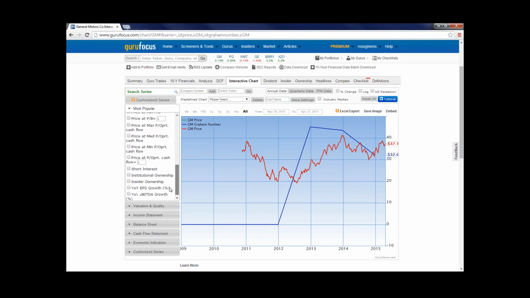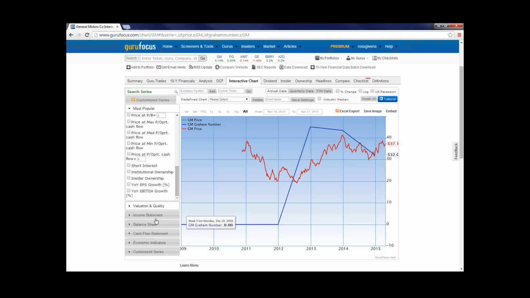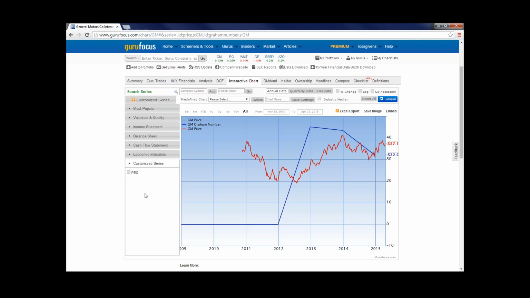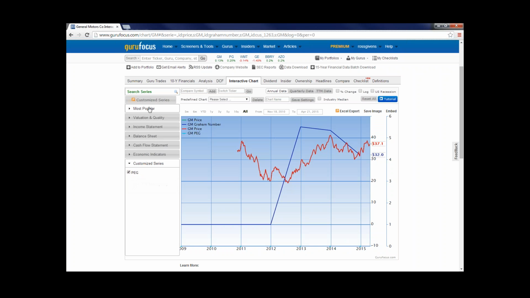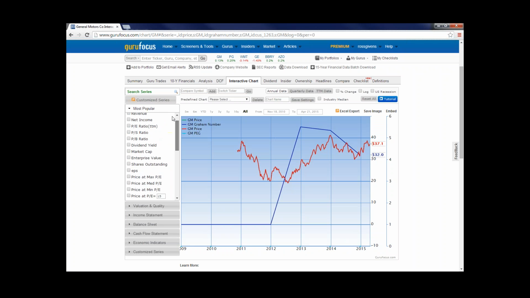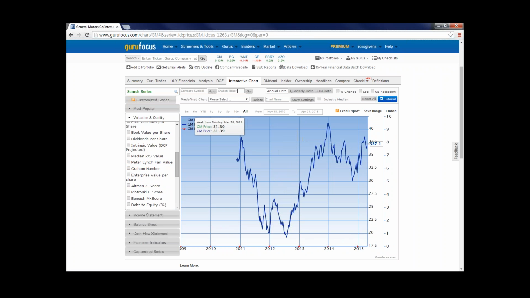And let me see where it is. Go down to our customized series, select our new PEG. This company may not have it because its history is too short. Go to like Johnson & Johnson. Let's look at that. And it will plot it on there. Now we're not seeing it for General Motors because there's not enough history.